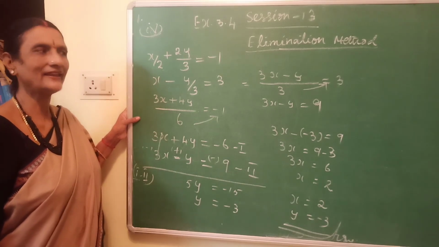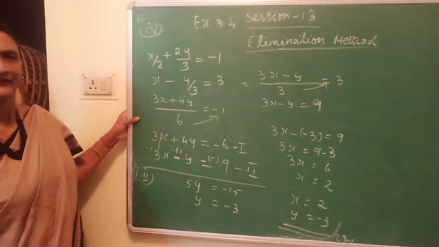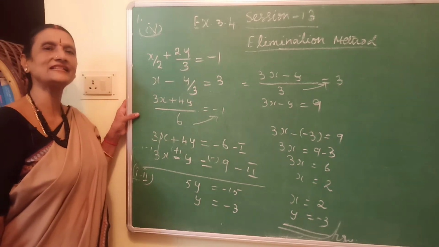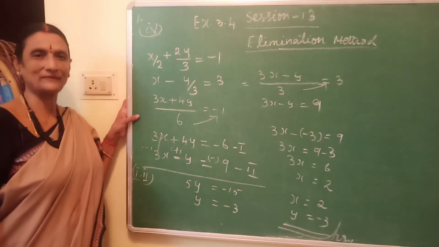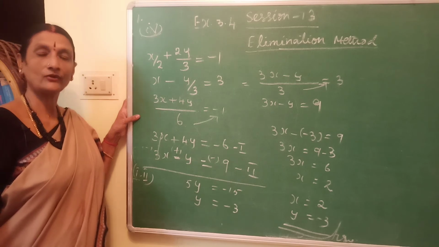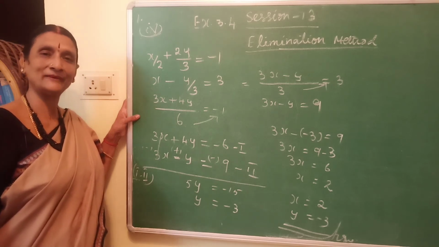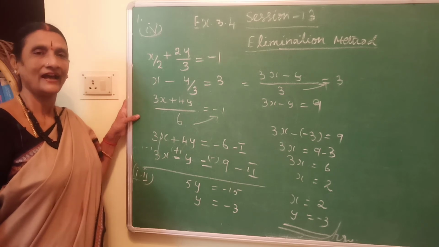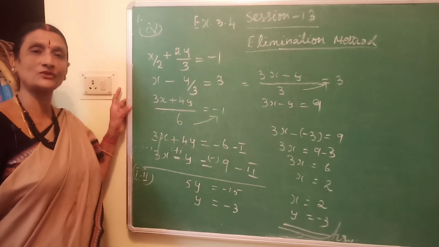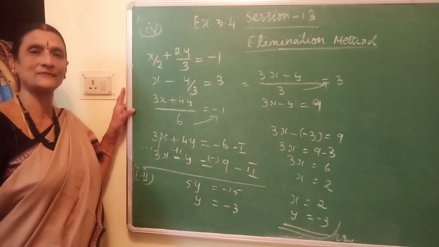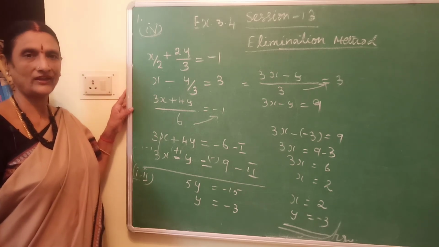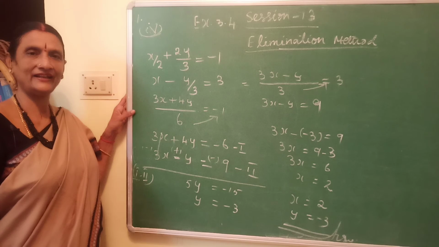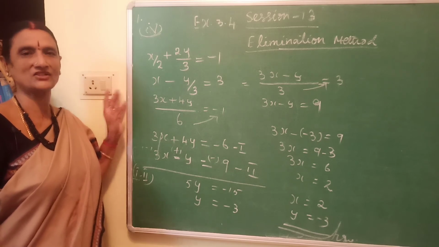Now, one thing I would like to tell you, till the last session we did these sums by substitution method. Do you remember? After the graphical method of solving, we moved into substitution method, so we are substituting one variable in terms of the other variable. We got finally a linear equation in one variable and solved it.